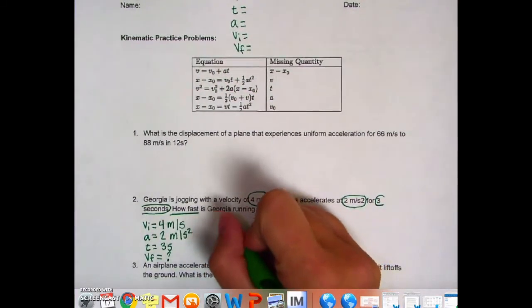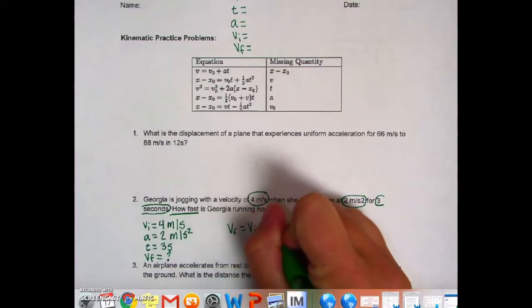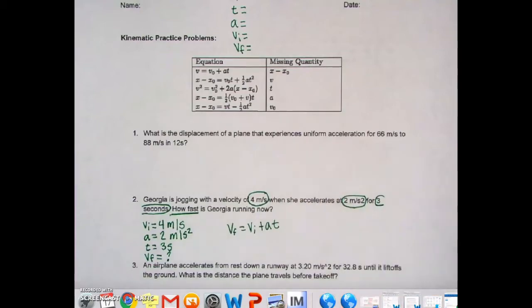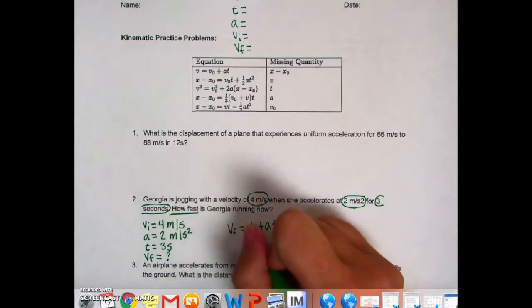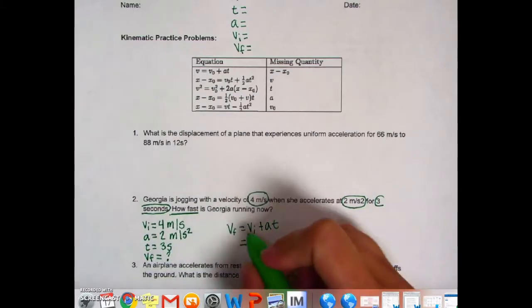We're going to say VF equals VI plus A times time. So we can see we're already set up to solve for VF, and we don't have displacement. We're not worried about it, so we know we picked the right equation. I'm just going to plug in my values, because we see everything's in meters and seconds.